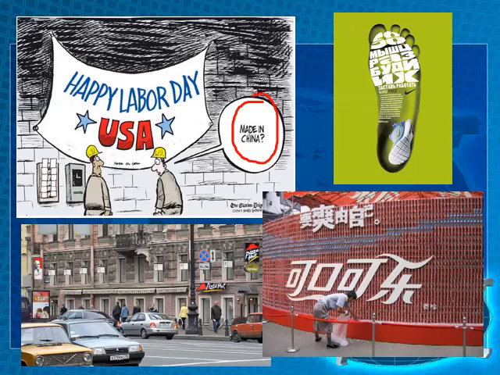So this political cartoon is making fun of the fact that labor is work, and Labor Day in the United States is different today because we get a lot of our products from China. That's an example of globalization, as is Nike. Nike is a global icon. In case you didn't know what this one is, this is Coca-Cola, also a global icon.